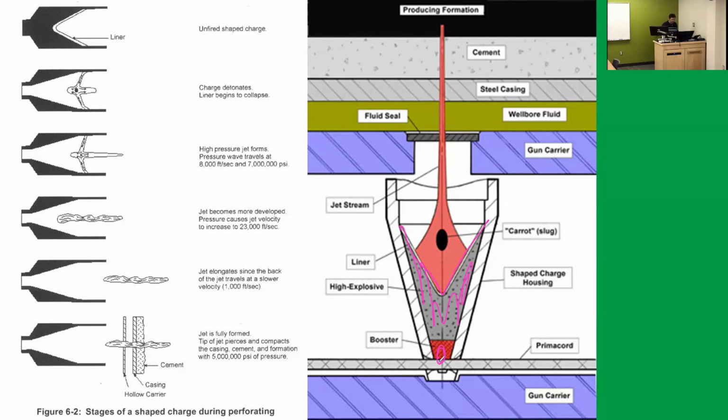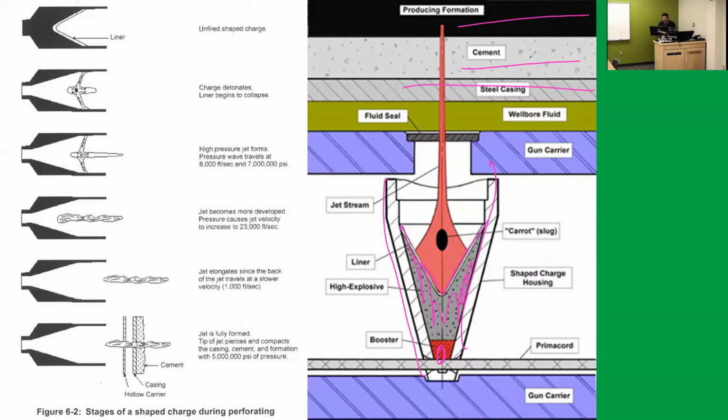Detonating cord, the housing, steel, mostly steel or a certain alloy housing. And basically, the jet created, as you see, is penetrating the steel casing, the cement, and the rock formation as much as we can.